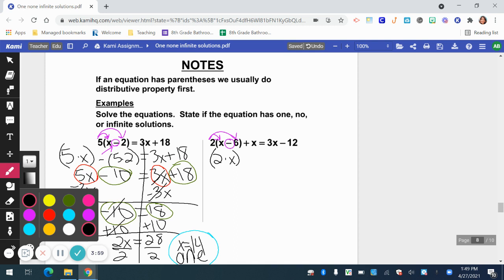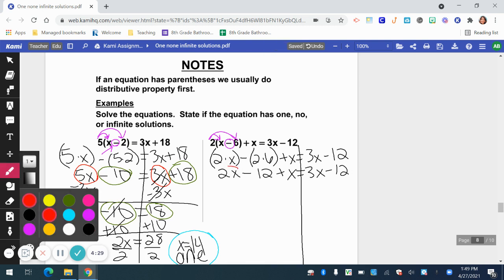So we get 2 times x minus 2 times 6 plus x equals 3x minus 12. Let's go ahead and draw our line down the center. 2 times x is 2x minus 2 times 6 is 12 plus x equals 3x minus 12.